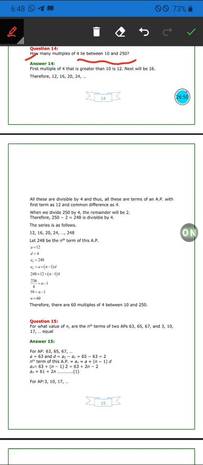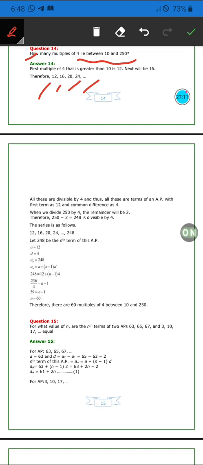OK, 10 is not divisible by 4, 11 is also not divisible by 4. So the first number is 12. 12 is divisible by 4, and next 16, next 20, 24. What is the last number? 250 is not divisible by 4. So the last number is 248.